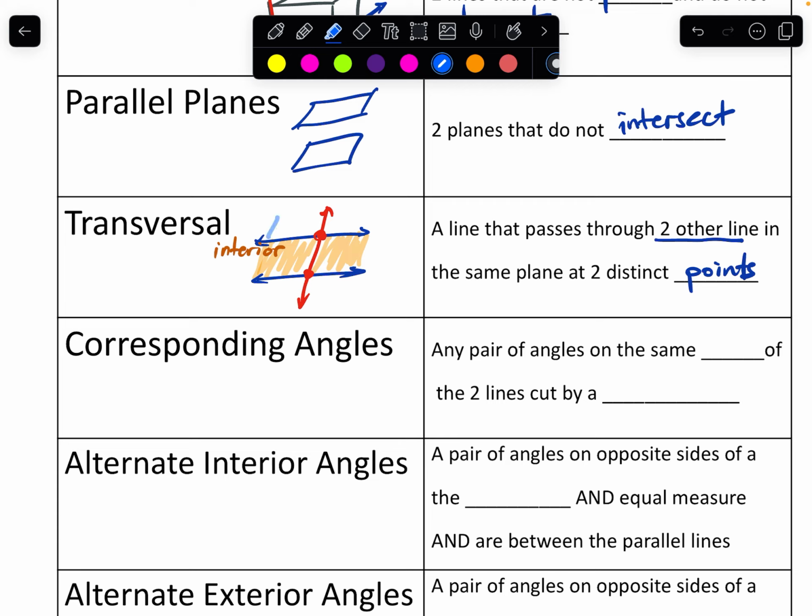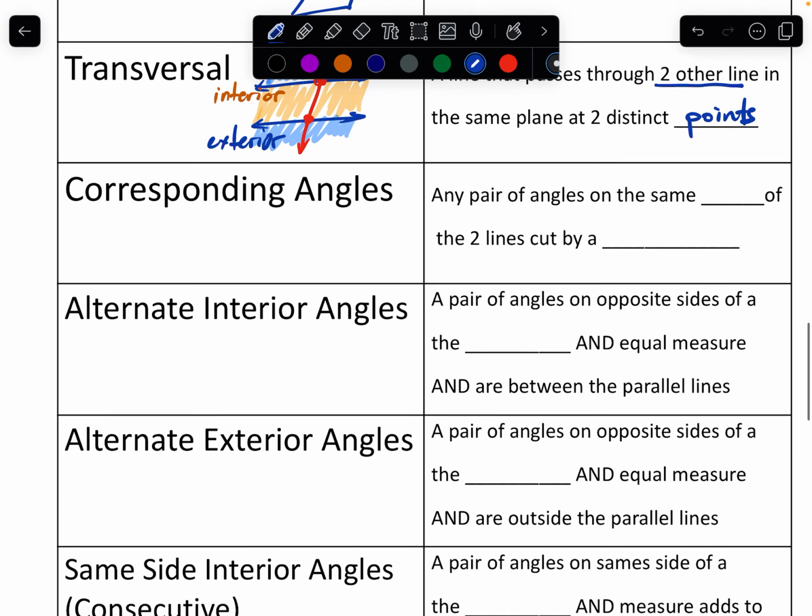And the area outside of these blue lines, one on top and one on the bottom, is your exterior. So we'll call it exterior.